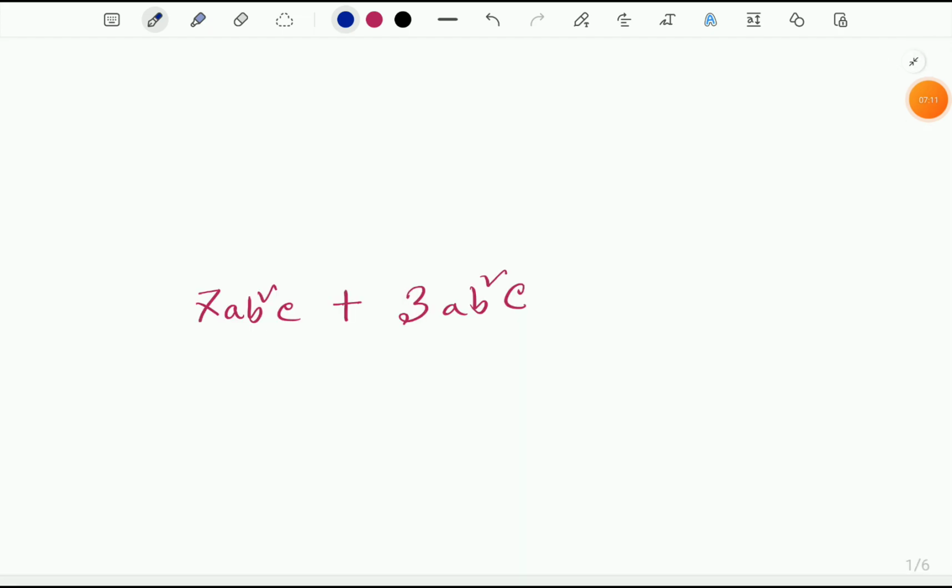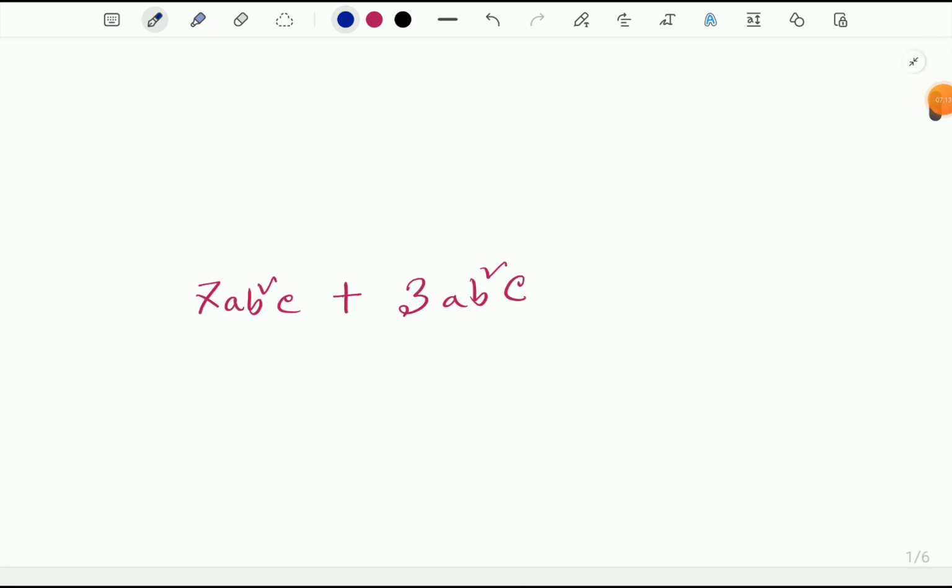Okay, so let's do some summation or subtraction, like operations with monomials. If you look here, this letter term is the same: a b squared c, a b squared c. The only difference is in the numeric term or coefficient.